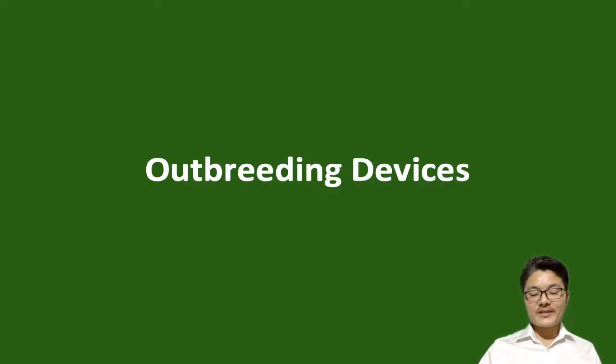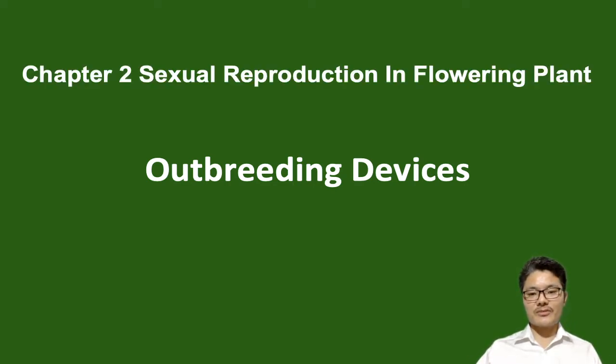So this video is to discuss outbreeding devices as part of chapter number 2, sexual reproduction in flowering plants. First, let us make ourselves clear about the topic outbreeding devices.